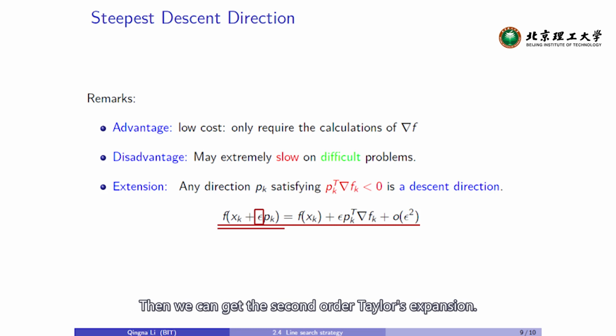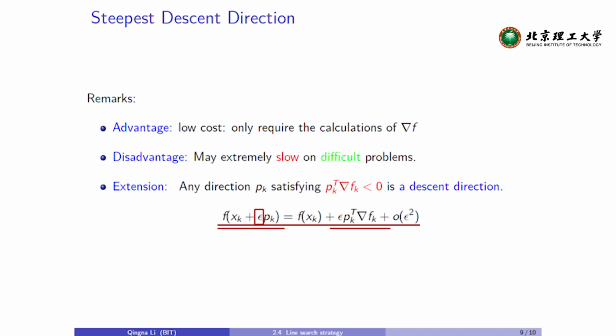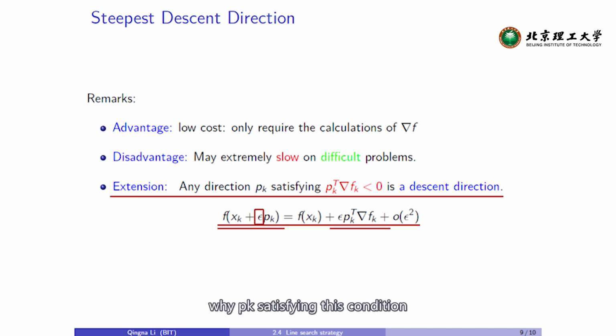Then we can get the second order Taylor's expansion, and we can see that when epsilon is small enough, as long as the term pk transpose gradient fk is negative, then the function value of f at xk plus epsilon pk will be strictly smaller than f at xk. This explains the intuition of why a pk satisfying this condition will be a descent direction.